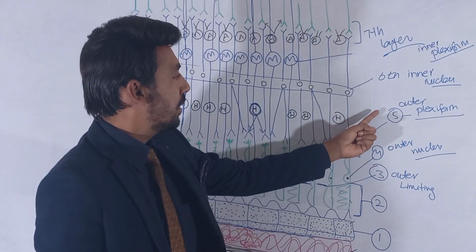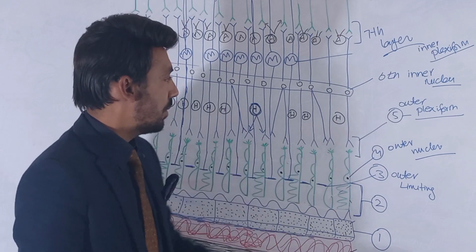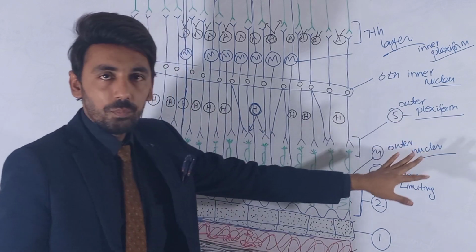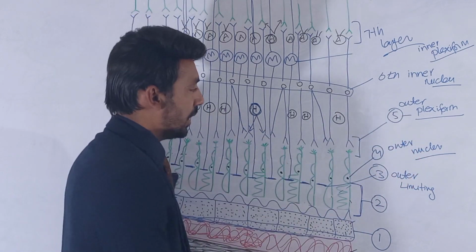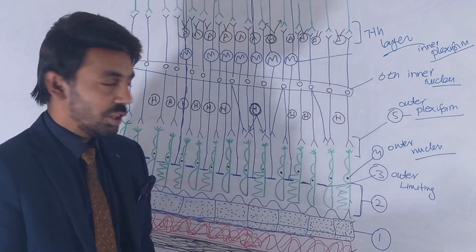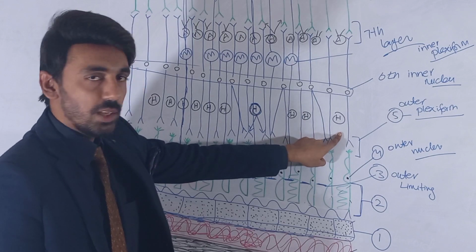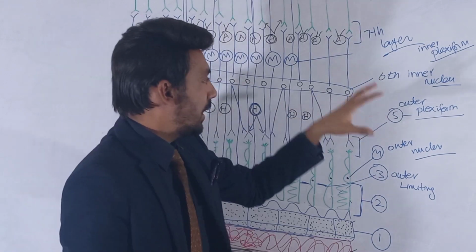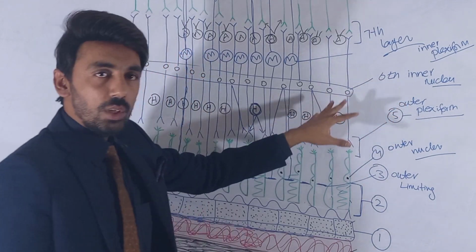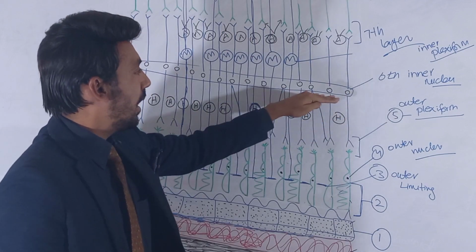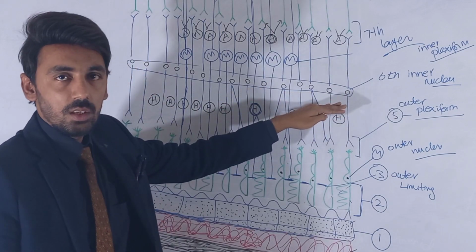The fifth layer is called the outer plexiform layer, which is the synaptic terminal interaction between the photoreceptor cells and the bipolar cells. The sixth layer is the inner nuclear layer, and these nuclei are of the bipolar cells.